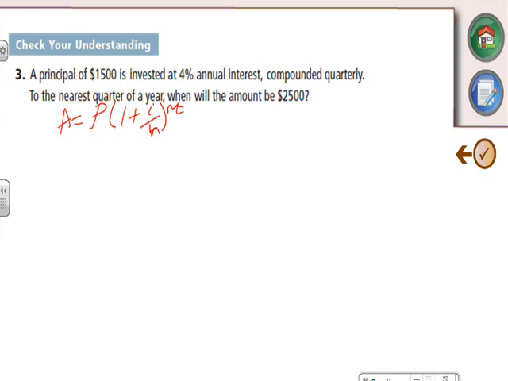Let's fill in what we know. The original principal was $1,500, times 1 plus, now we've got to use the percent as a decimal, so 0.04 over, and we're doing it quarterly, so 4, and then 4 times t, the time.